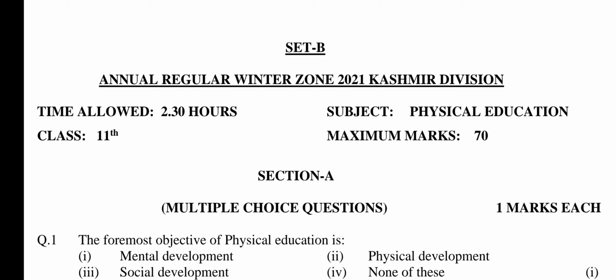The important information I want to share with you is that as per the notification of the Jammu and Kashmir Board of School Education, a concession of 30% marks is granted and you need to attempt only 70% marks out of the total marks allotted in the question paper.